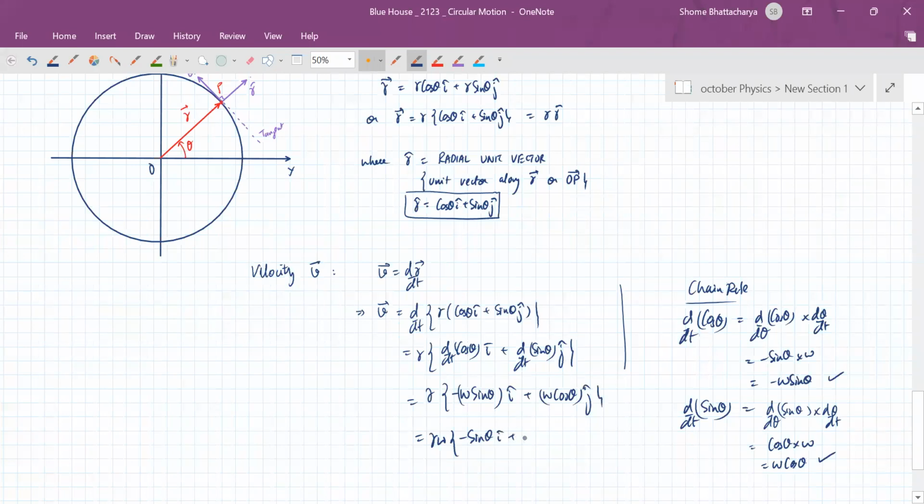Now this is nothing but the tangential unit vector. So the velocity is r omega into theta cap. That means velocity does not have a radial component, which totally makes sense because it's a circular motion.